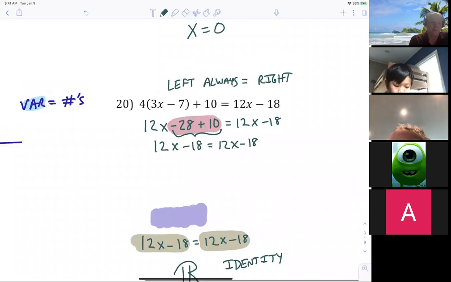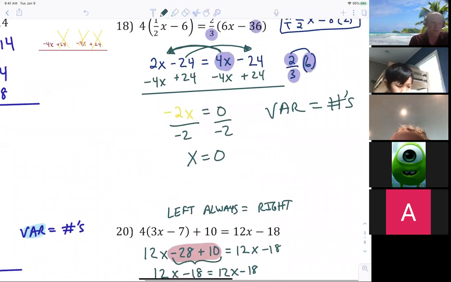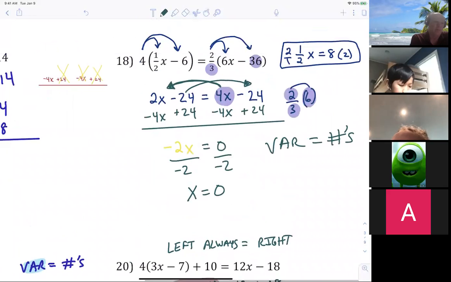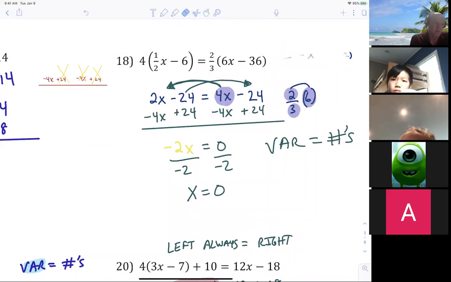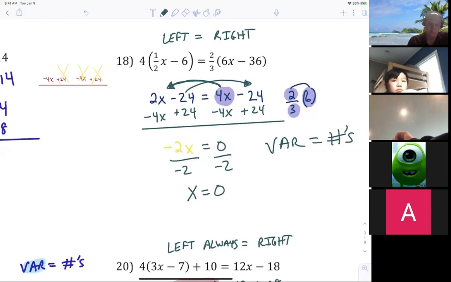Now I'm going to scroll back for a second, so I want everybody to hear me. What number up here makes the left side equal to the right side? Somebody tell me. When does the left side equal the right side?